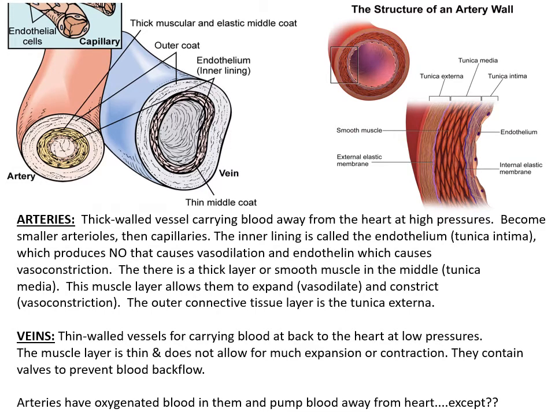Okay, let's just see the general differences between an artery and a vein. If we look on the right side, we'll see the structure of an arterial wall. Now remember, the whole vascular system, whether you're talking about arteries, veins, the lining all within the heart, is called the endothelium.